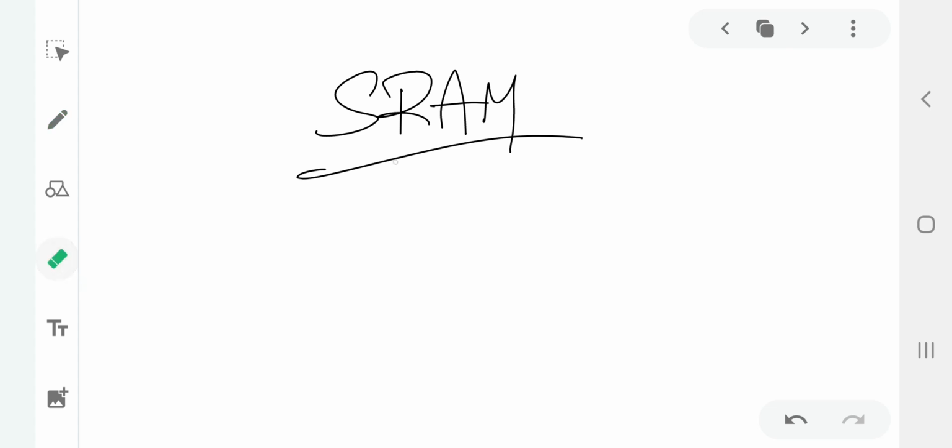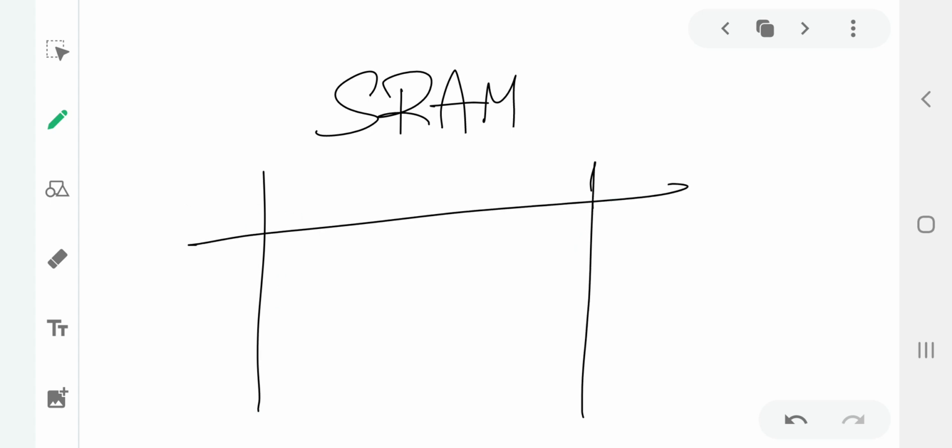So what does it contain? So let's see how a binary cell of a SRAM is going to look like. So you're going to have two transistors. Okay.